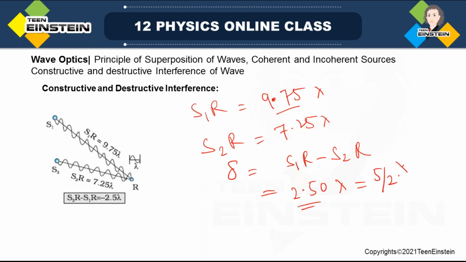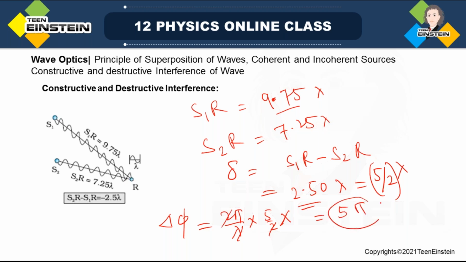I can write this as 5 by 2 lambda. So what will be the phase difference in this case? Phase difference will be 2 pi by lambda into path difference 5 by 2 lambda. Lambda cancels, 2 cancels, so you get 5 pi. You can see this is an odd pi.